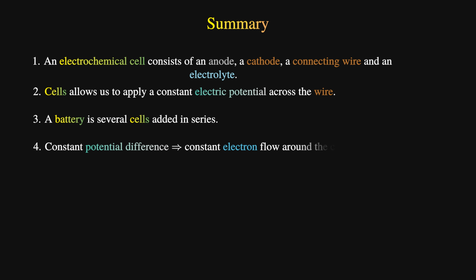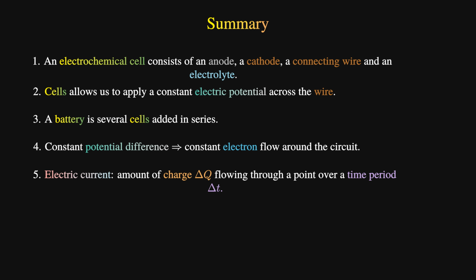The constant potential difference generated by our battery leads to a constant flow of electrons around our circuit. We can define the electric current as the amount of charge delta Q flowing through a point over a period of time delta T. More generally, it can be expressed as dQ by dt. It is measured in coulombs per second, or amps.